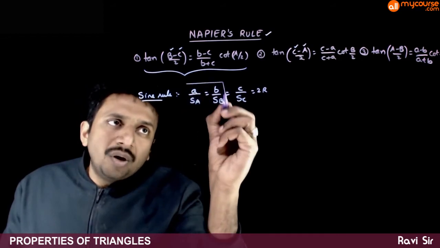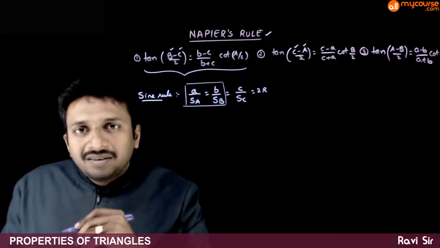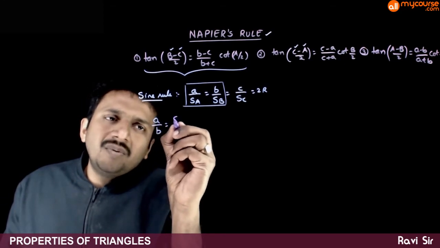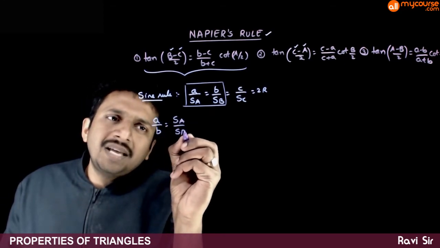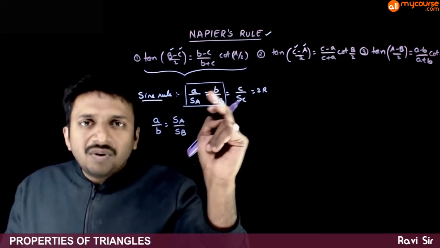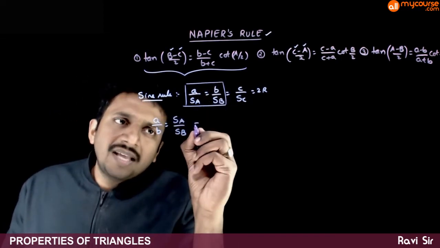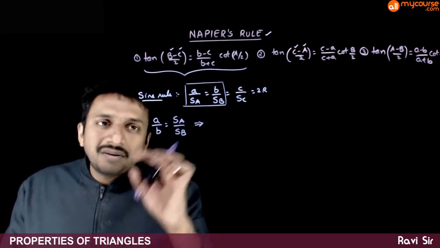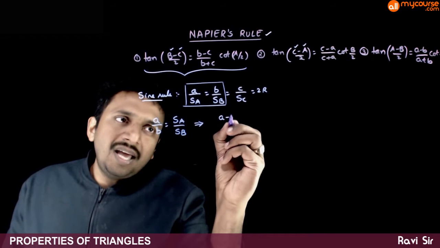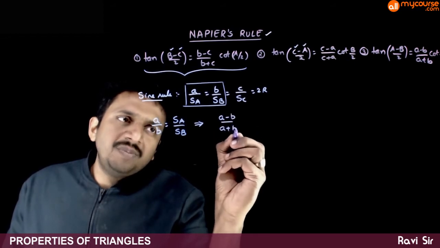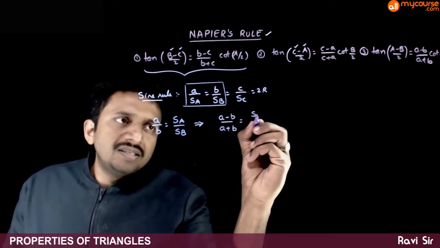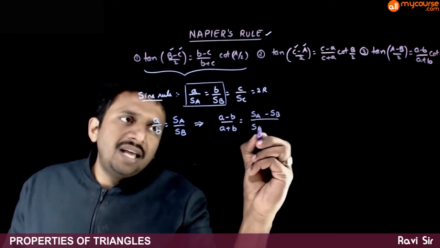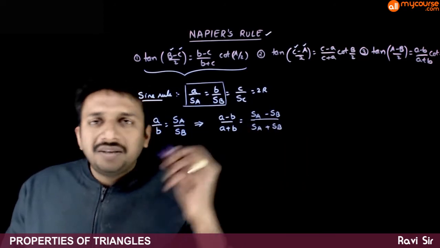If you take any two of these, from this, can I say that a/b is equal to sin A/sin B? Right? a/b is equal to sin A/sin B. And this implies, if you use componendo and dividendo here, (a − b)/(a + b) is equal to (sin A − sin B)/(sin A + sin B).